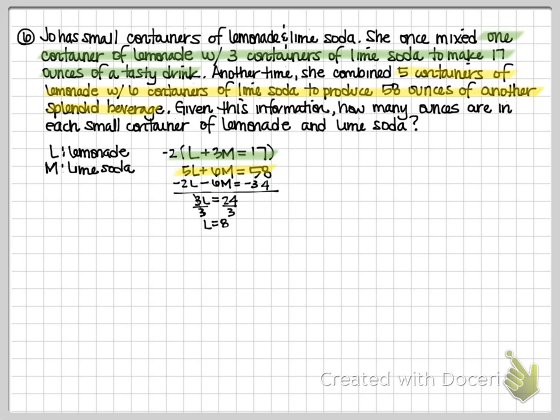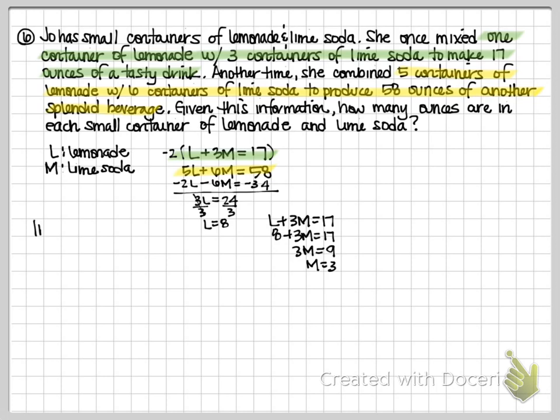Then choose the original equation that you like the best. I think I'm going to take the first one just because the numbers are smaller, and I'm going to plug in what I know. So I know that L is 8. And then if I solve, I'm going to subtract and then divide. And then just make sure that you answer the question. So the question was, how many ounces are in each small container? All right.